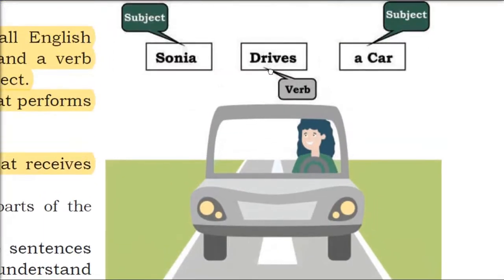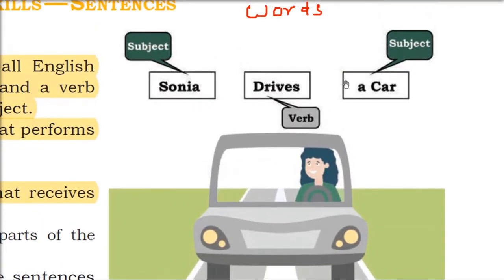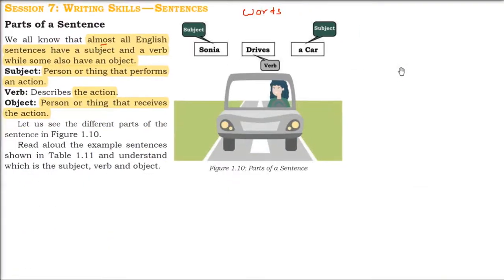Take an example here: Sonia drives a car. Sonia is the subject. The person or the thing which does an action is the subject. To whom the work is done or who is receiving the work is the object, and drives is a verb.